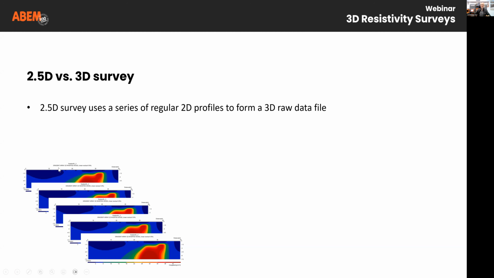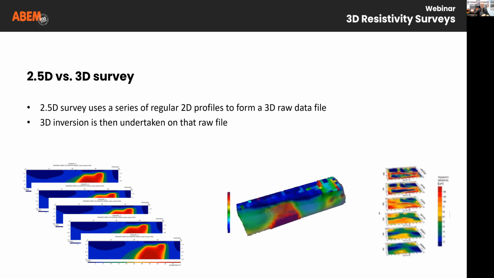We can then take the raw data from each of those profiles, combine them whilst they're still in their raw format into a single 3D block of data, a 3D block of apparent resistivity values. We then present that to the 3D inversion software in order to run the inversion and produce a model of, hopefully, as I say, true resistivity.